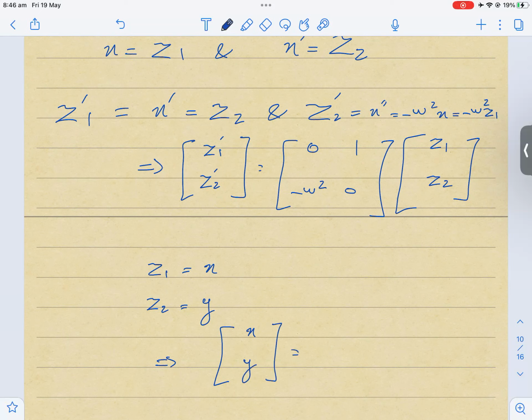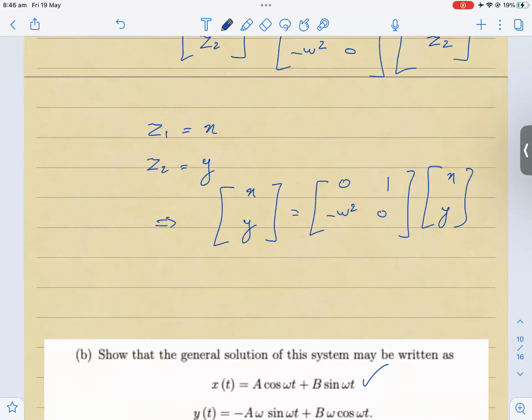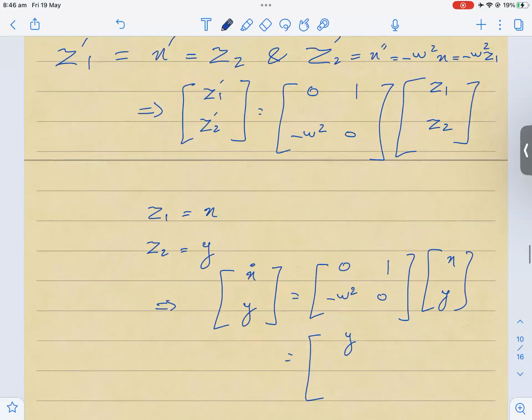So this will be the matrix 0, 1, minus omega squared, 0 times x, y, which is equal to, if I multiply this matrix, y, and minus omega squared x, so x prime, y prime.